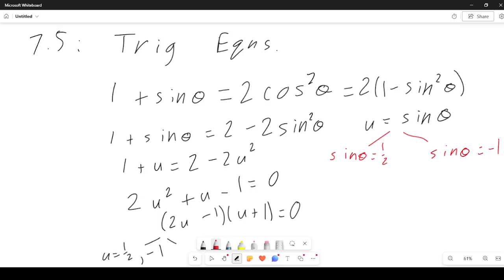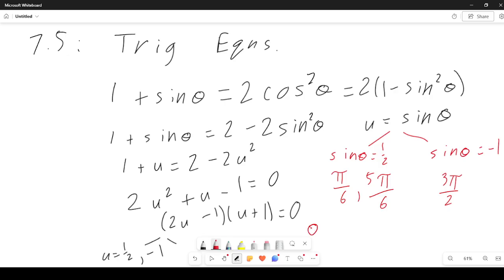So now that we have that, we can solve both those separately. Think of the unit circle. For 1/2, in the unit circle, it's either pi over 6 or 5 pi over 6. And for negative 1, it's 3 pi over 2. Or if you use negative pi over 2, that works just as well. So then we can say, what are the solutions?